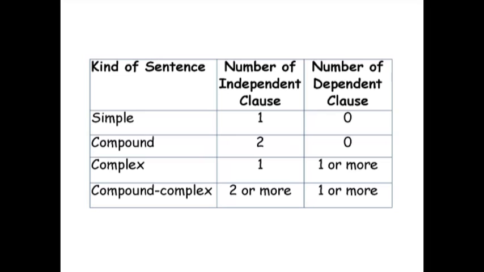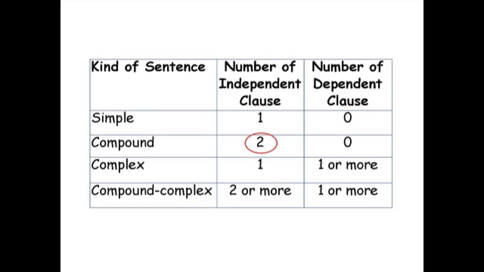Now in conclusion, these kind of sentences will help you produce a paragraph with a good flow of information. Before we end the video, let me show you a summary of all this by using a table. As you can see in the table, simple sentences need only one independent clause and no dependent. Then, the compound sentences.